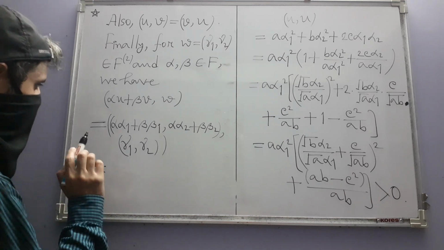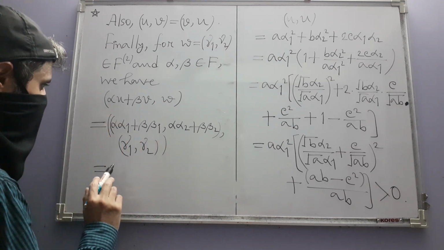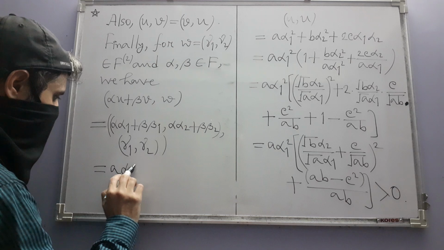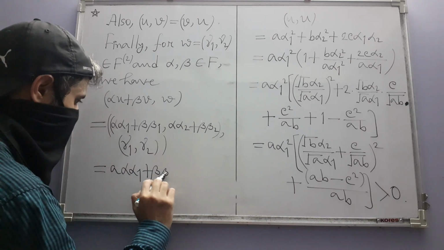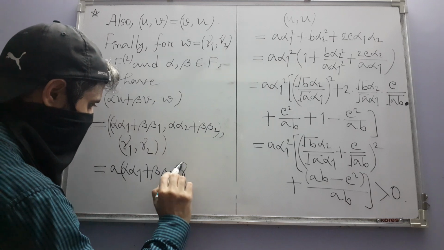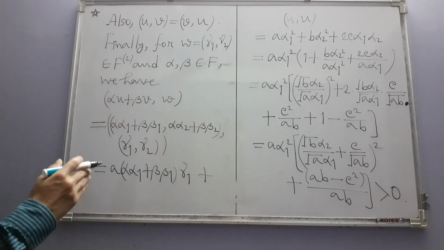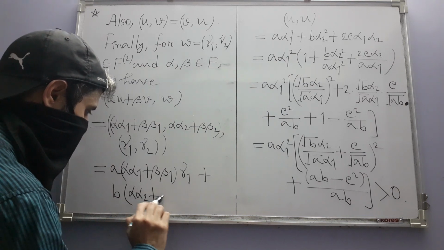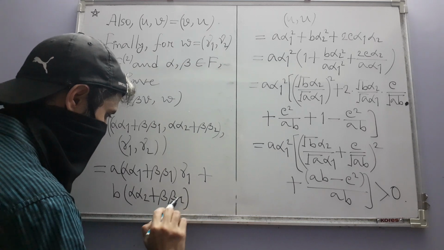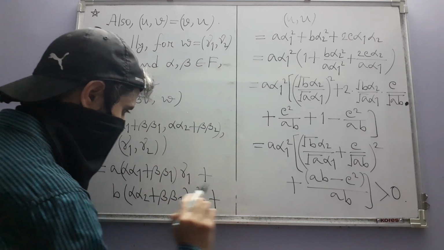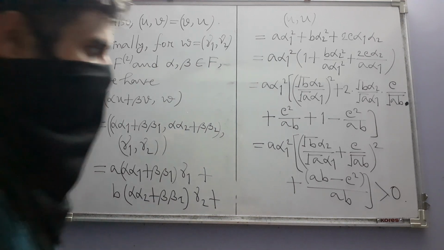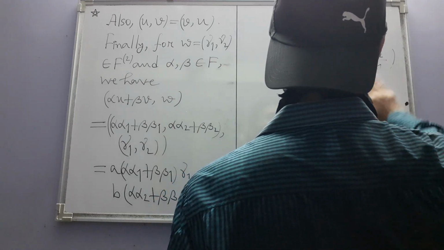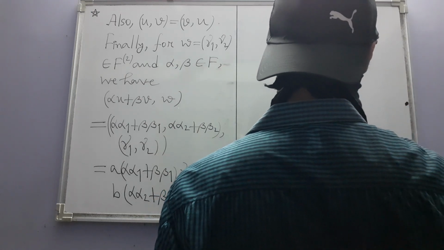Right. So now we use the definition of this function. A alpha 1 beta 1, that means A times the first coordinate here times the first coordinate here gamma 1, plus B times second coordinate, beta beta 2 times gamma 2, plus C times the first coordinate of the first and the second coordinate of the second.